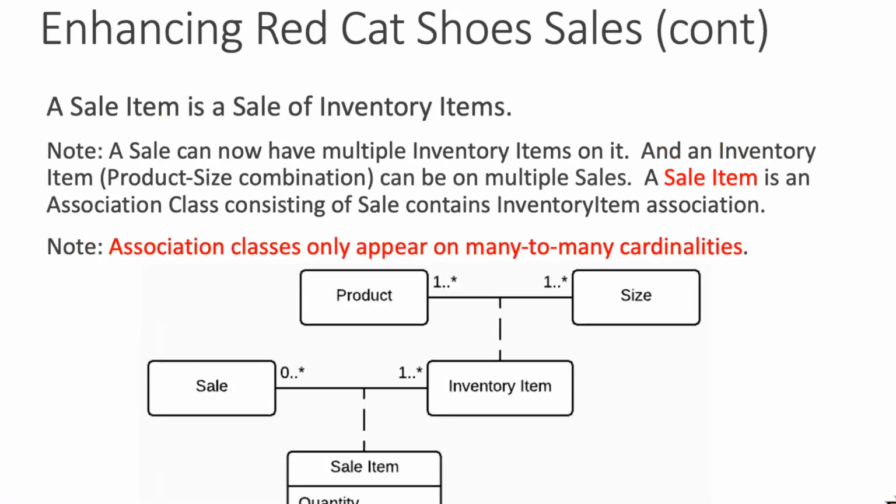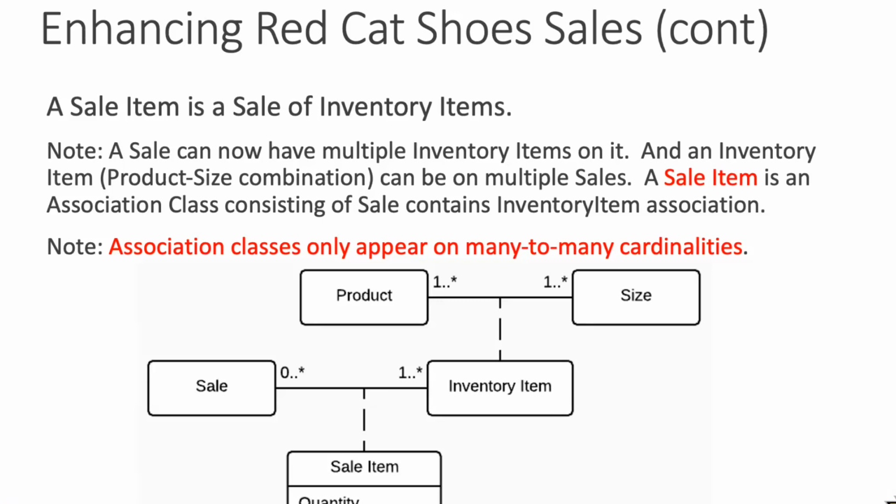So we have the association class here right now, the inventory. The point is, when you have an association class, you can also have a relationship for that association class as well. So here, that inventory item, which is, for example, sandals with size 7, size 8, can be considered in zero sales or many sales.